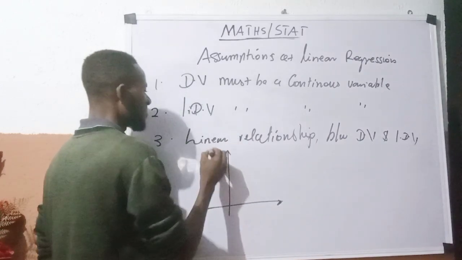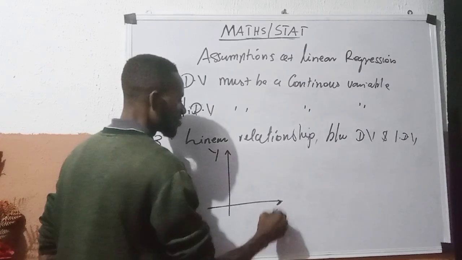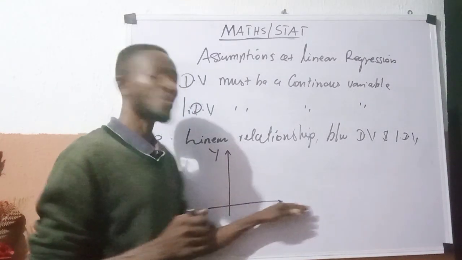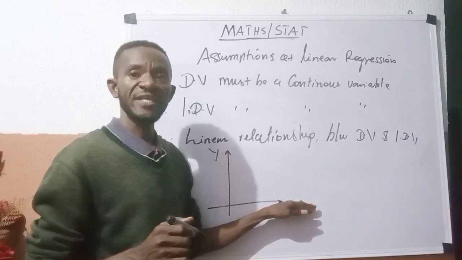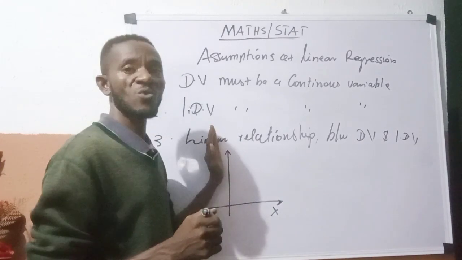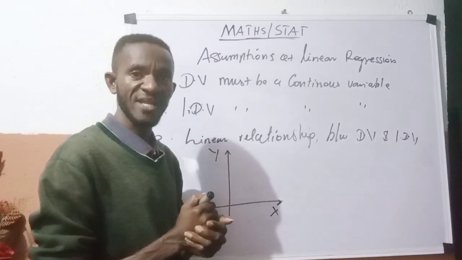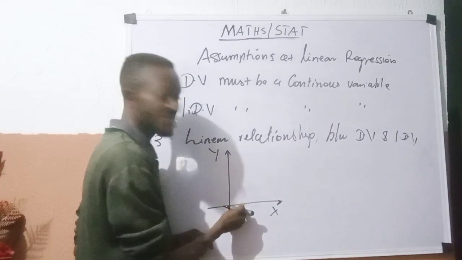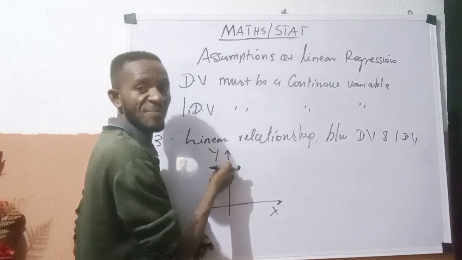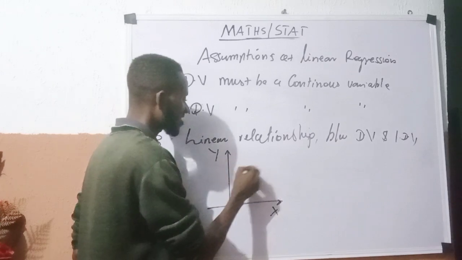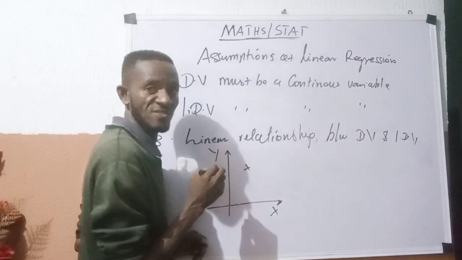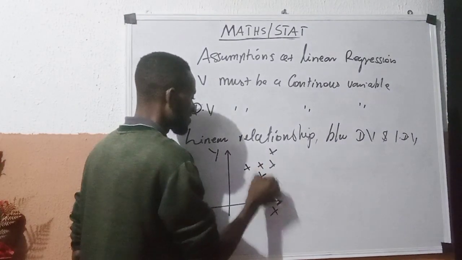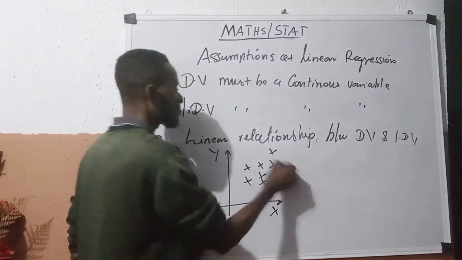For instance, I can represent this axis with y and this one with x. Here are the values of the independent variable, and here are the values of the dependent variable. When the value of the independent variable is given as this, and the value of the dependent variable is given as this, their intersection is represented with a point. You continue to represent the values with points until you exhaust all the data points.